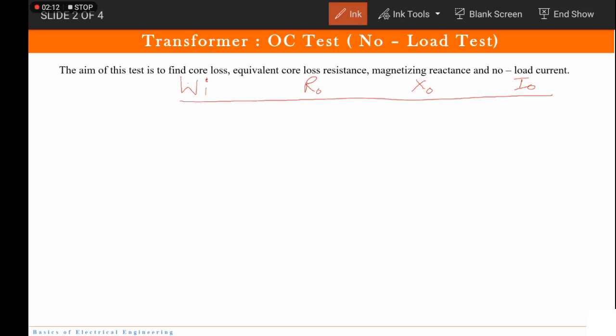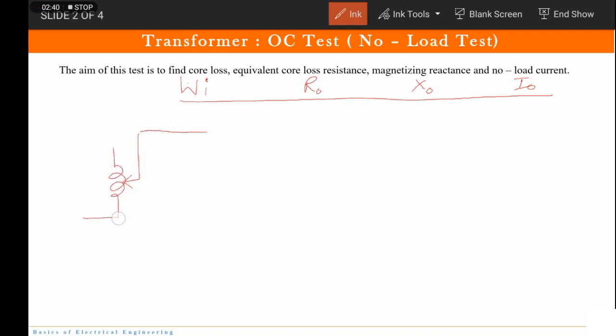Okay, so before going to the actual diagram, I would just tell you how you can remember the diagram. Because when you see the ready-made diagram, you might feel that it is difficult to draw, but actually it is quite simple. So here we have a setup.